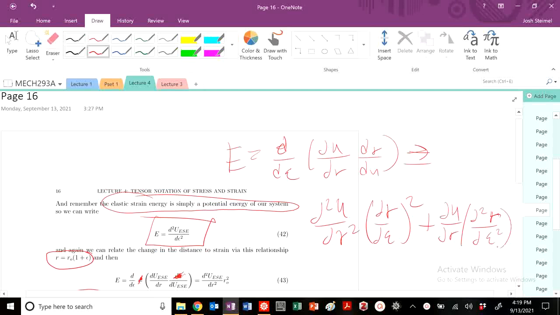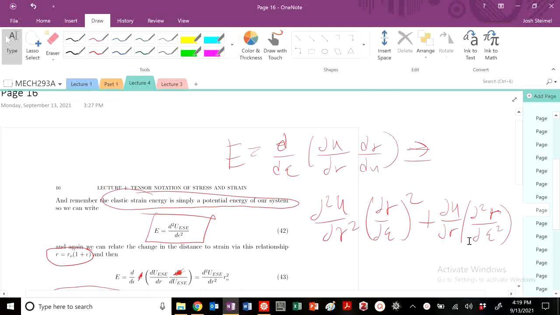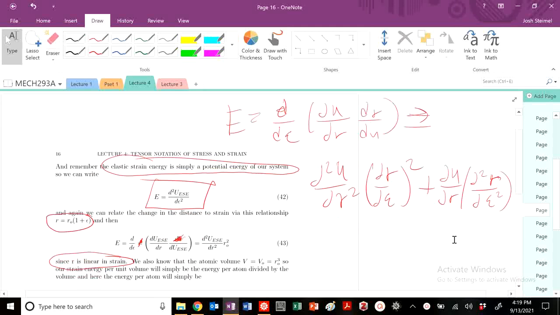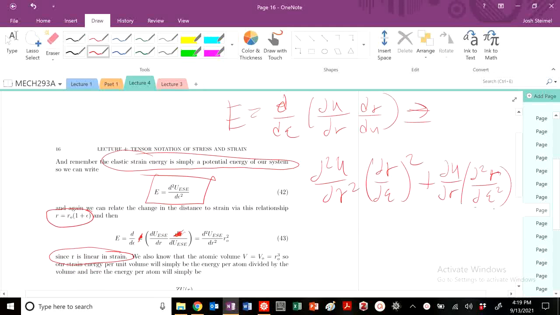So that's applying our chain rule. Luckily, this expression gets very simple. What's the second derivative of r with respect to strain? Zero. Because r is linear, we reduce to this expression.